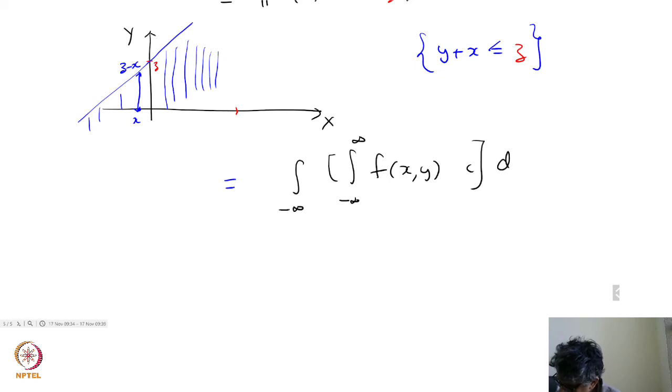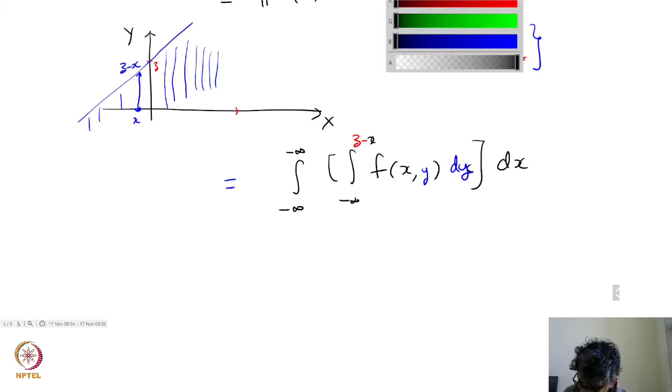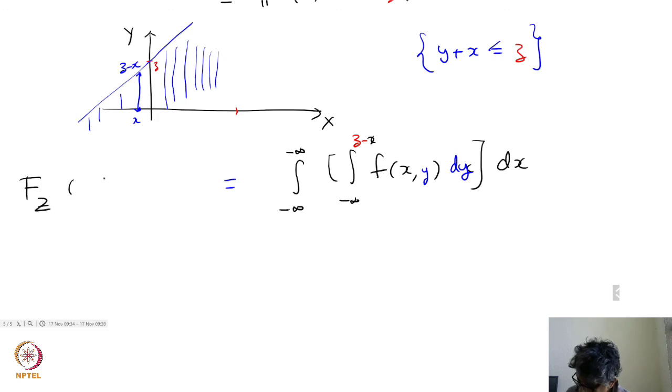The x goes from minus infinity to infinity, and the y is inside, so I have dy, with y going from minus infinity to z minus x. So you go to z here, and then z minus x. That's how the probability will be: the probability that Z is less than or equal to z is given by this.